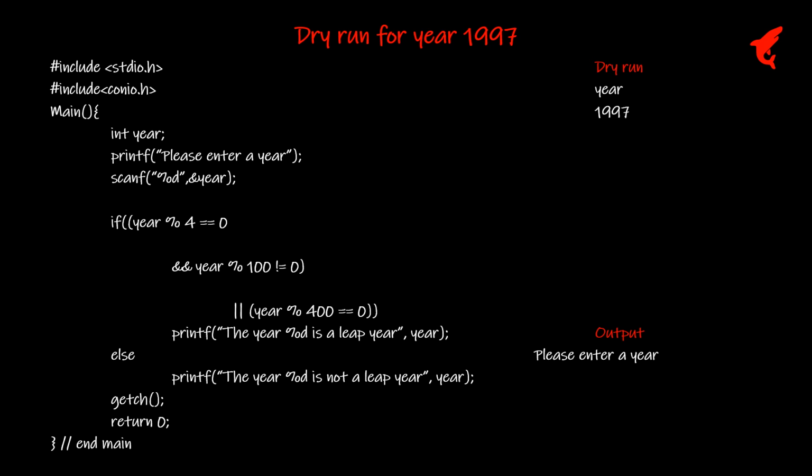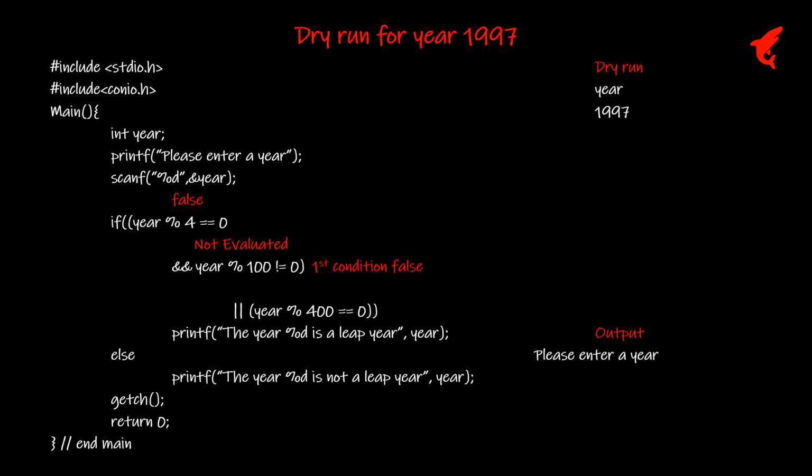In case of 1997, it is not divisible by 4, so the first subcondition is false. This is followed by a short circuit and operator, for which if the first part of the condition is false then it does not evaluate the second part of the condition. So the second subcondition is not evaluated. And as the Boolean and logic says that if one part of the condition is false then the entire condition is false, the first condition is taken as false.